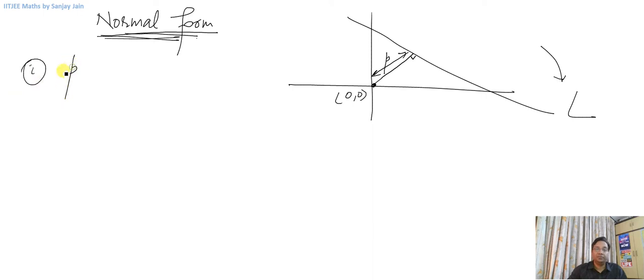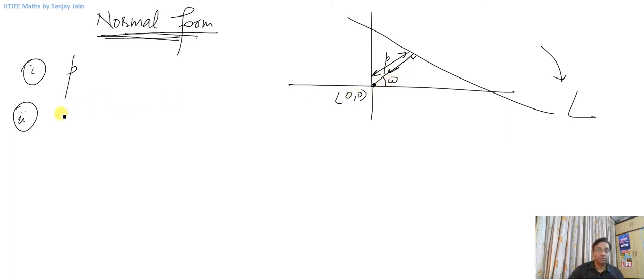Length of perpendicular from the origin to the line, that is P, it is given. Second, the angle that this normal, this is the normal, right, makes with the positive direction of x-axis. Let us say this is the angle omega.